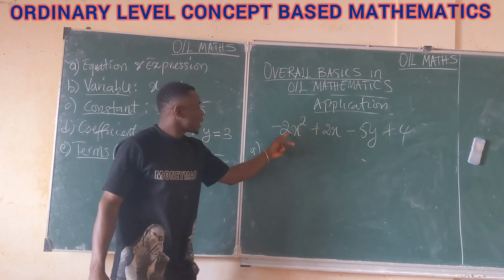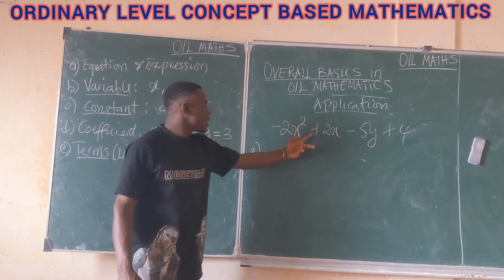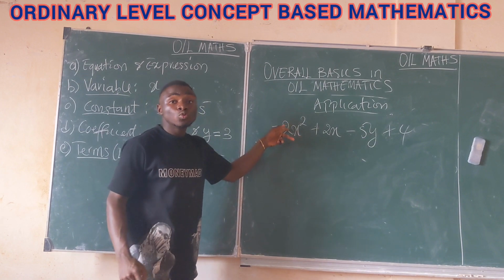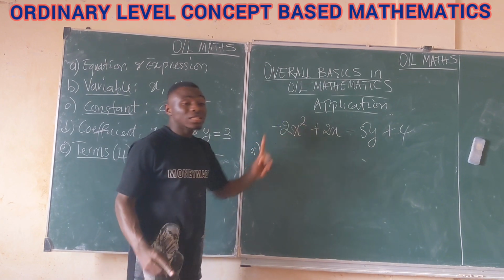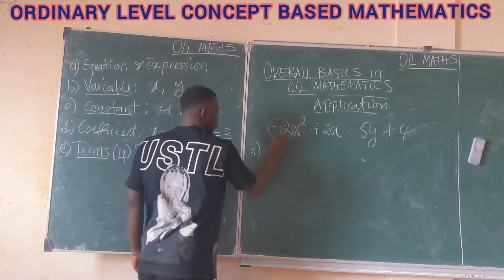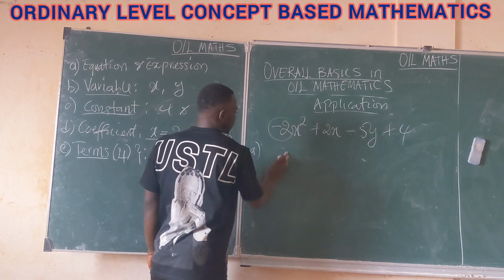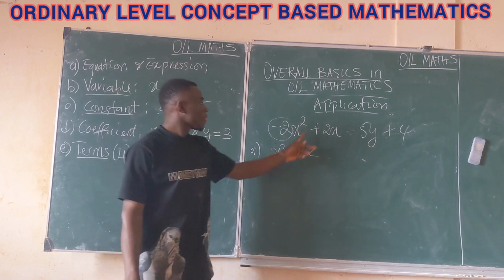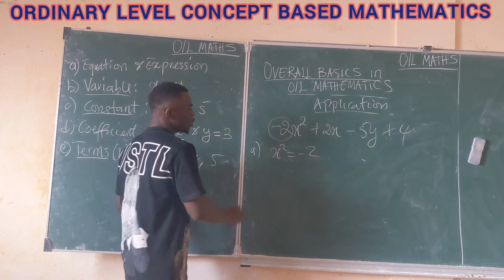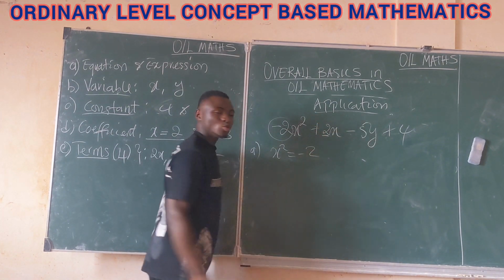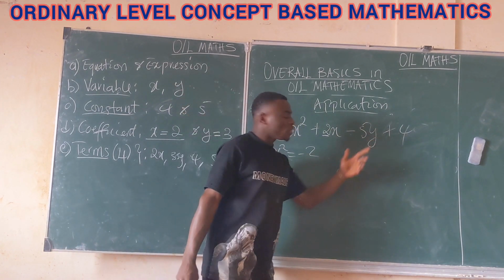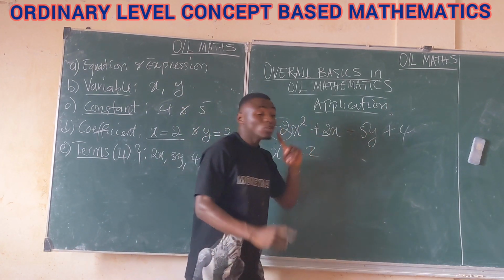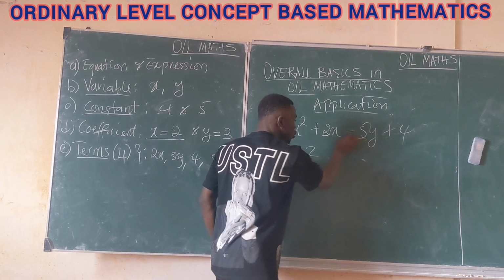The coefficient of x squared is not 2; the coefficient of x squared is minus 2. Next, what's the coefficient of x? The coefficient of x is 2. What's the coefficient of y? The coefficient of y is not 5, it is minus 5.